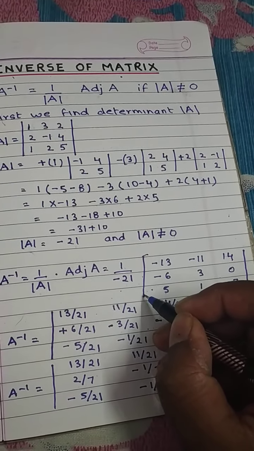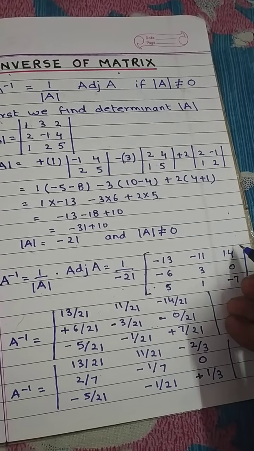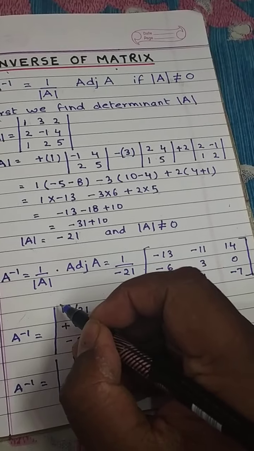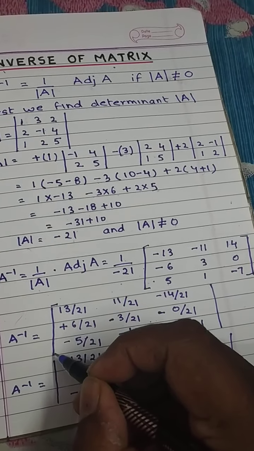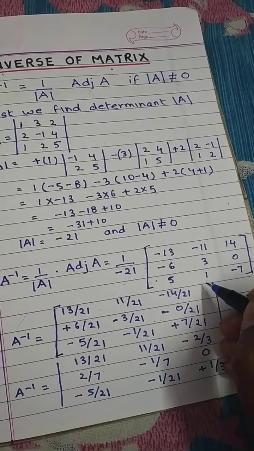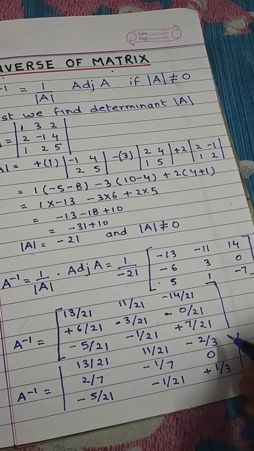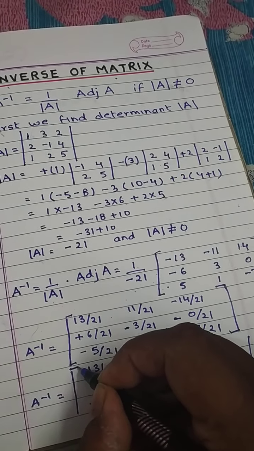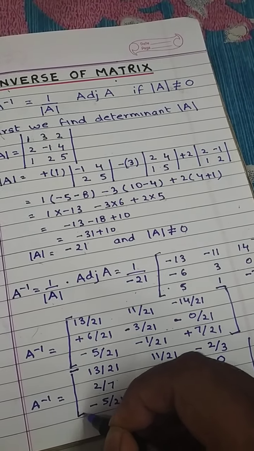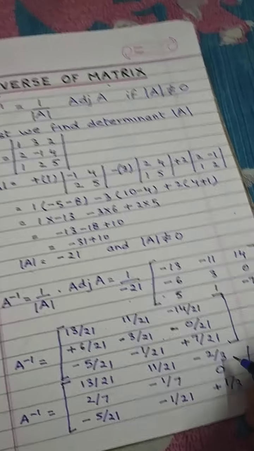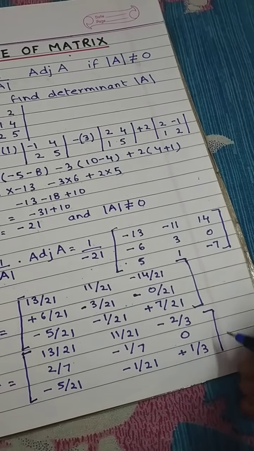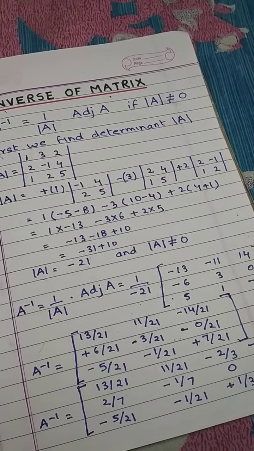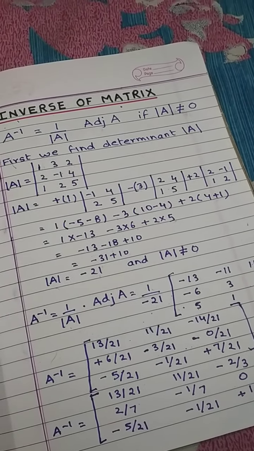This is all in matrix form, and we are writing it as a matrix because it has to be a matrix. Divide every element of this matrix by -21. Every element has to be divided by -21. What is -21? -21 is the determinant of A.